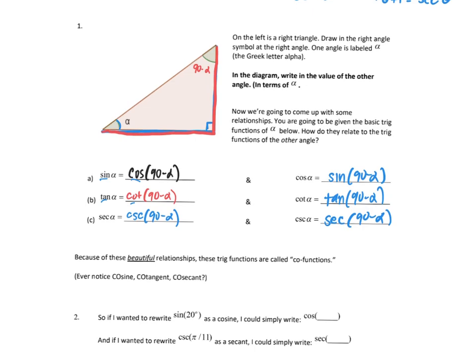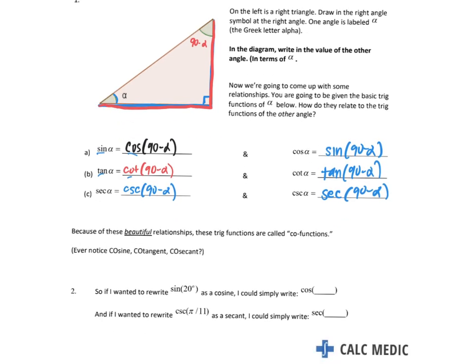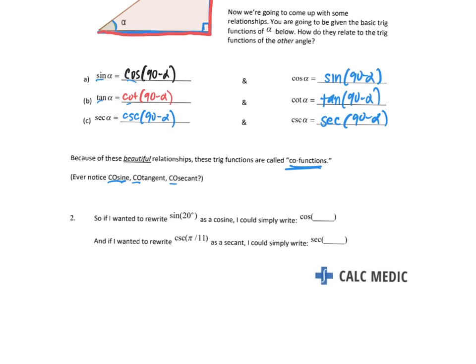And it says down below, because of these beautiful relationships, these trig functions are called cofunctions. Cosine and sine, cotangent and tangent, cosecant and secant. Okay, so if we wanted to rewrite sine of 20 in terms of cosine, we could say cosine of 90 minus 20 or cosine of 70.